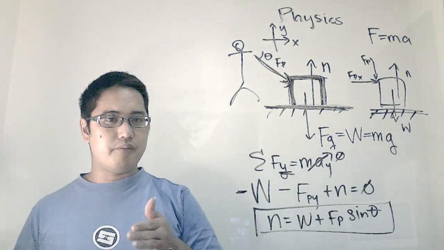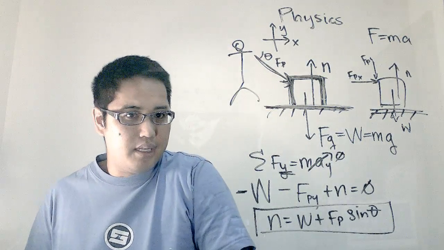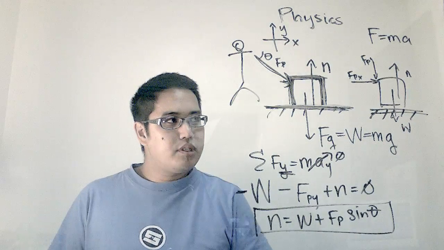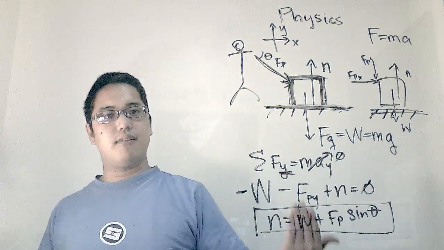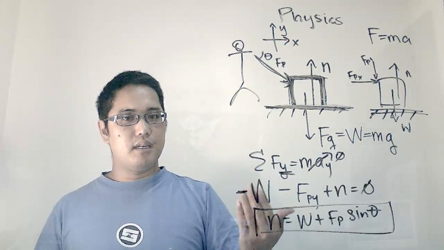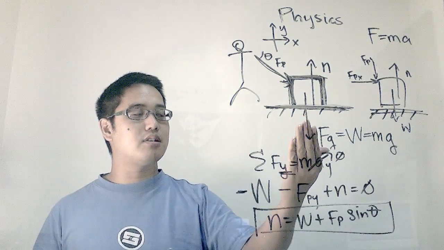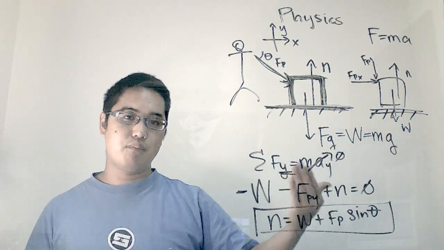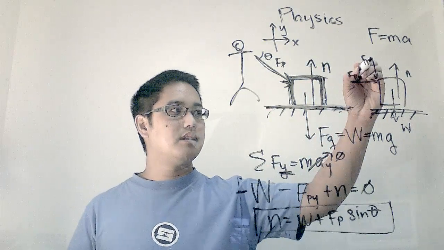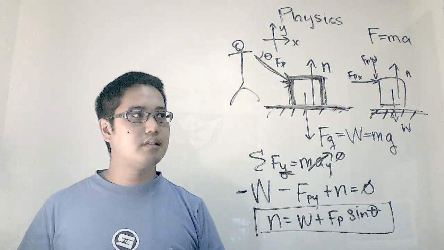The other part of my force is going to be pushing it down. As I'm pushing it down, the normal force has to respond, because not only does it have to counteract my weight, it also has to counteract the amount of force that I'm pushing down with. Does that make sense? Yeah.